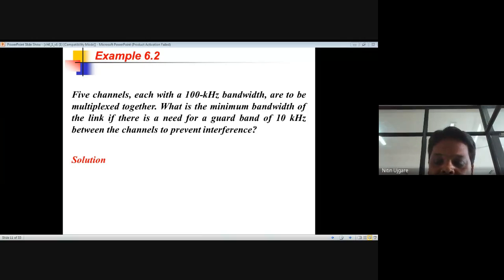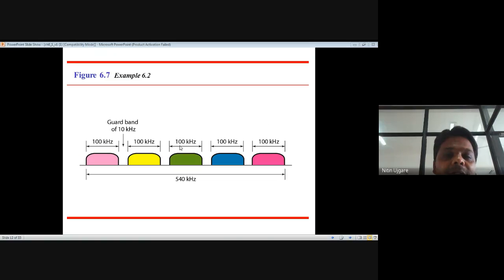So the answer is, in order to transmit these 5 channels, each with the 100 kilohertz bandwidth, each channel separated by a guard band of 10 kilohertz, we need the total bandwidth of 540 kilohertz.